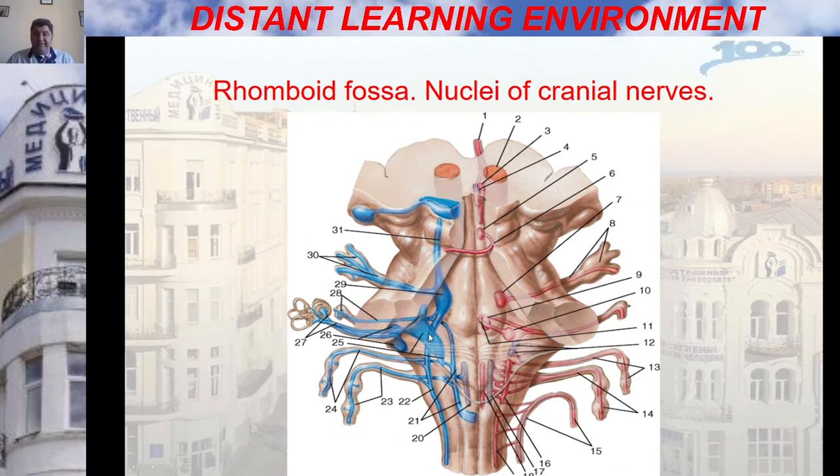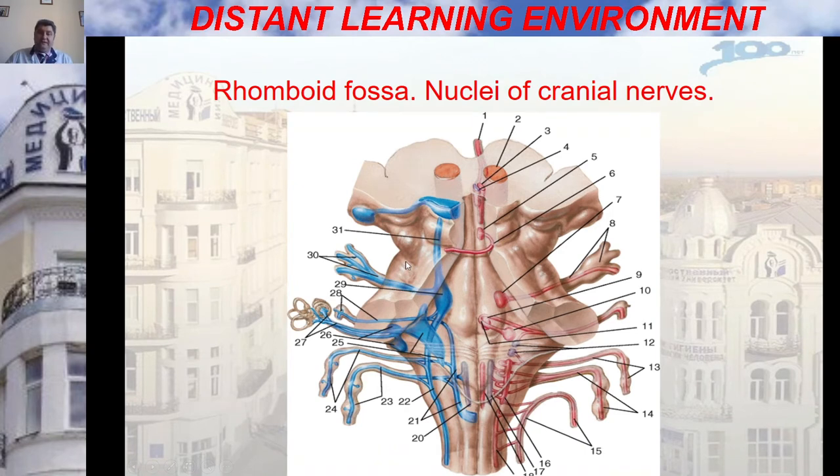This is the 5th pair. You may see the 8th pair, the vestibulocochlear nuclei, and also you may see the 6th pair, the nucleus motorius of the abducens nerve, and also you may see the nucleus of the facial nerve here.